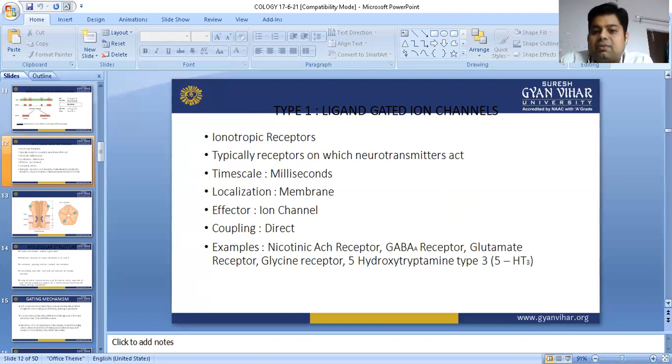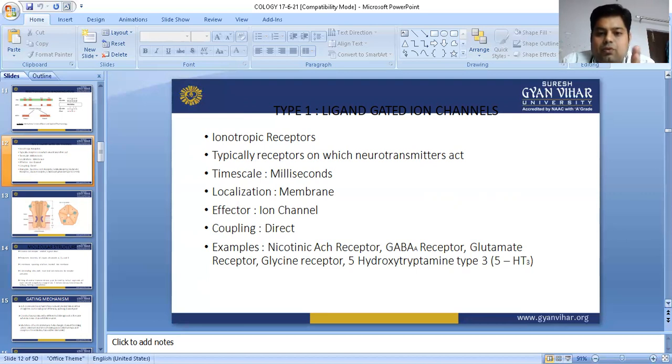GABA A and GABA B are two receptors. GABA A is a ligand gated ion channel, GABA B is a G protein coupled receptor. The glutamate receptor is also an example of a ligand gated ion channel. Then the glycine receptor and the 5-HT3 receptor.